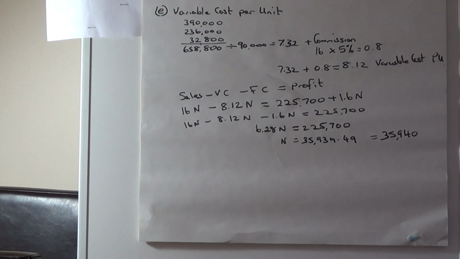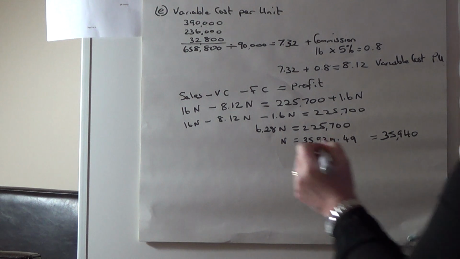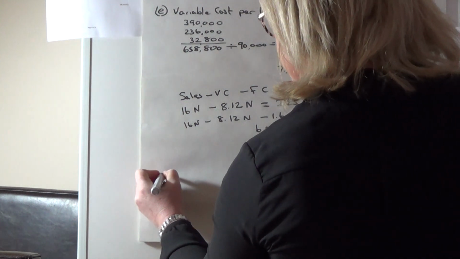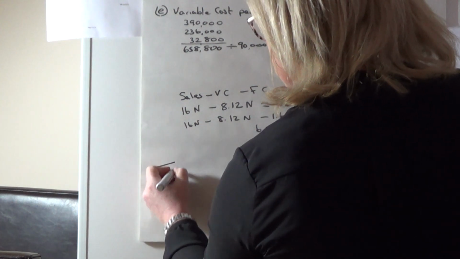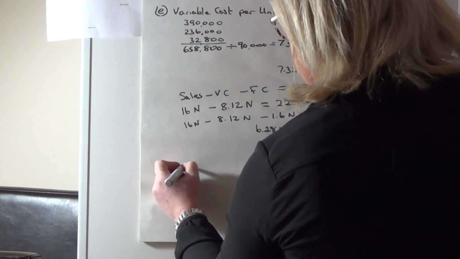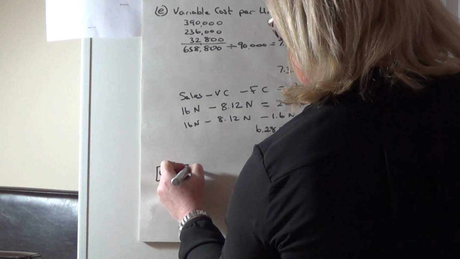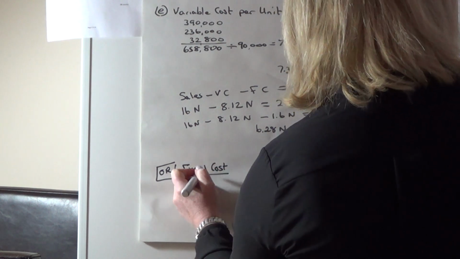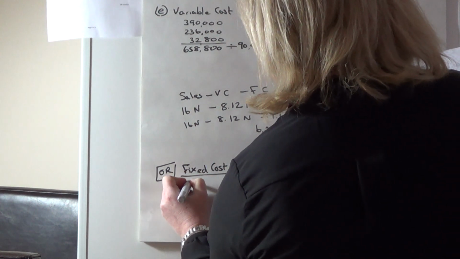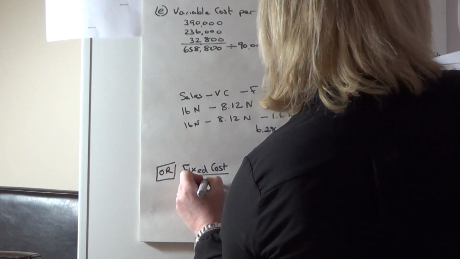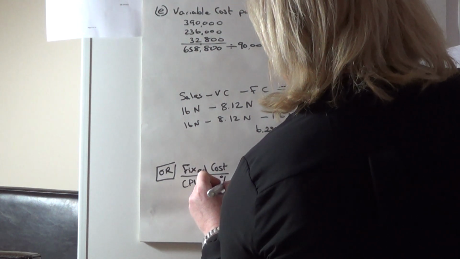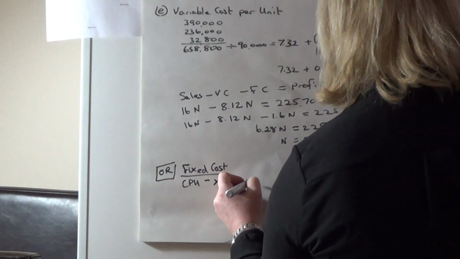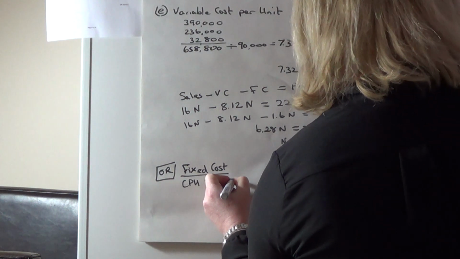Now for part E, you could also use the formula, so this is an alternative. It's a formula where you have fixed costs over your contribution per unit minus the percentage profit of your selling price.